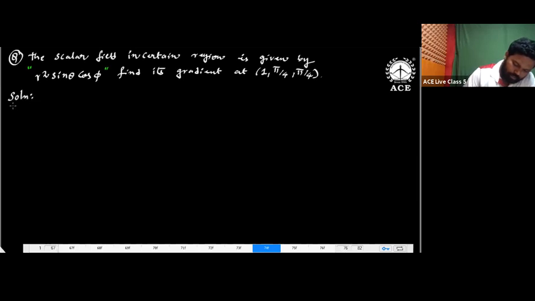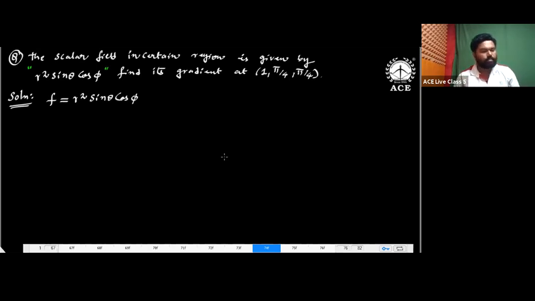Here is the solution. Let us say the scalar is f equal to r square sin theta cos phi. Clear? So it is in the spherical coordinate system. What is the gradient formula in the spherical coordinate system?